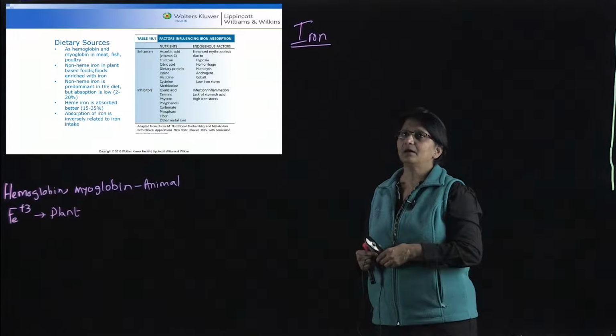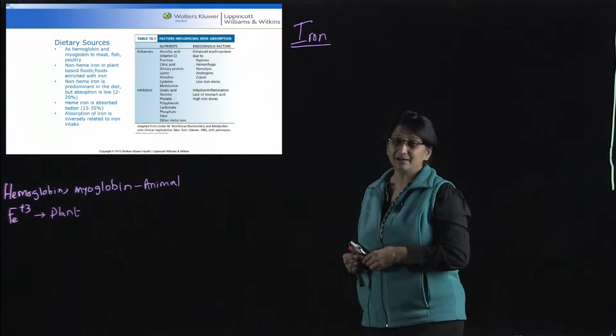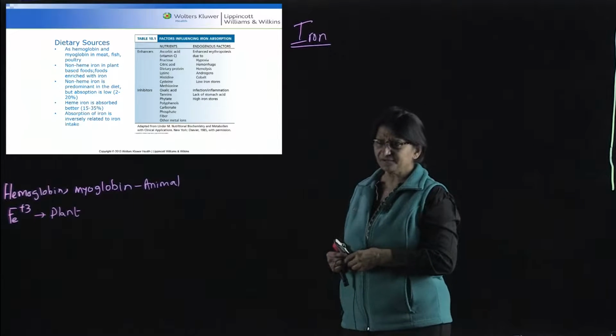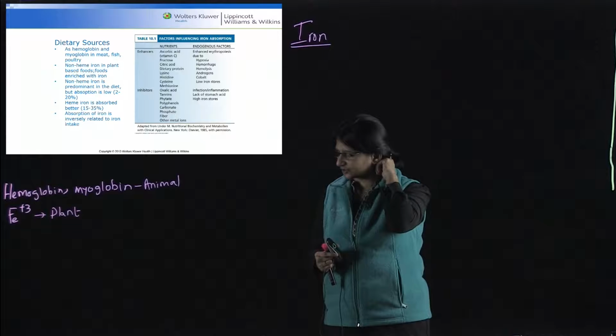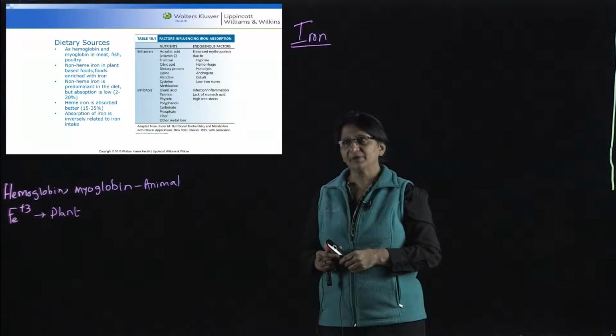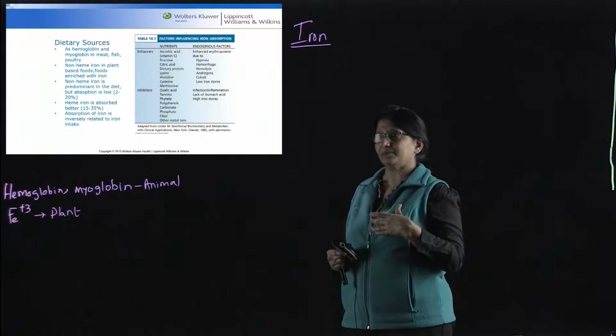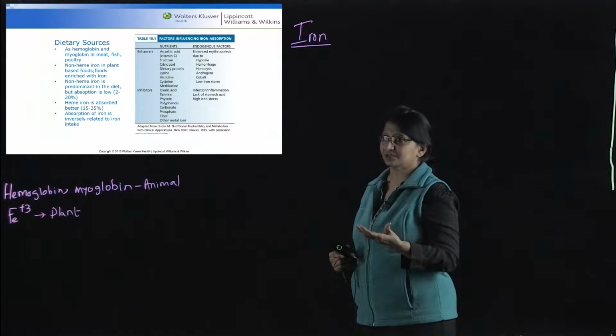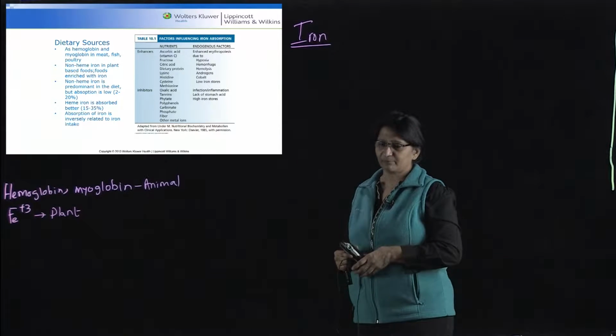So women are more at risk for developing iron deficiency anemia, or in other words also just having suboptimal iron stores, because they have menstrual loss of iron through the loss of blood every month.